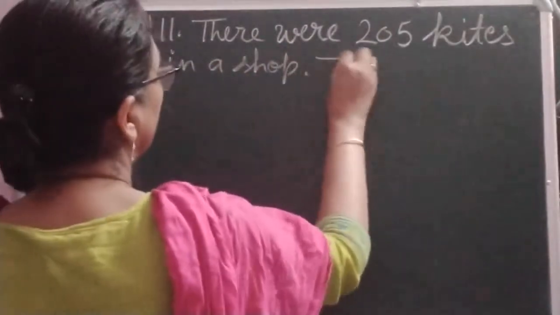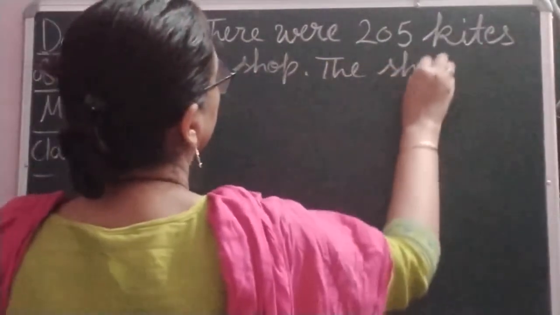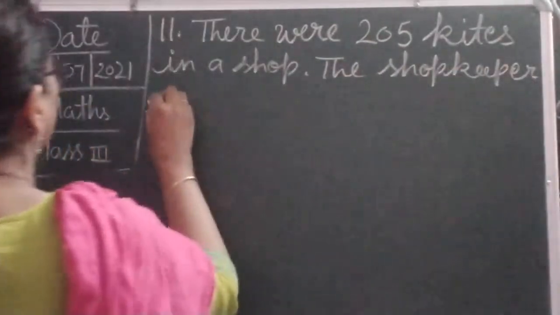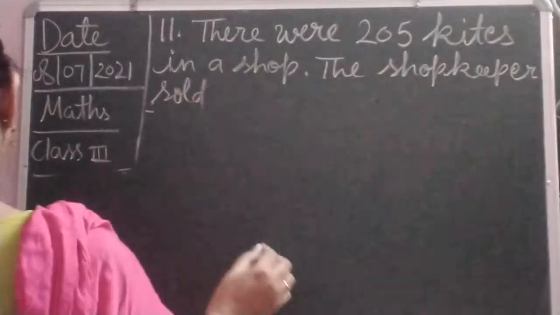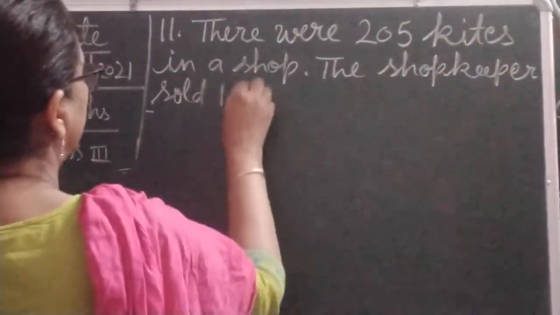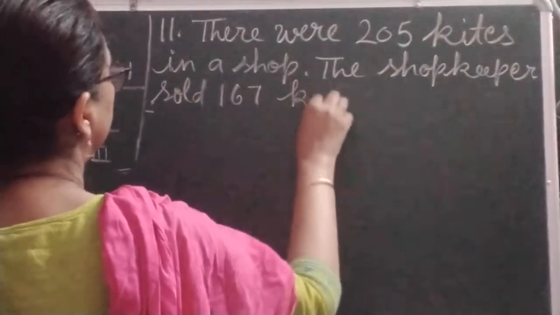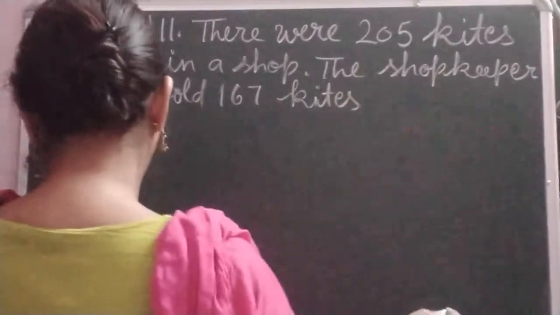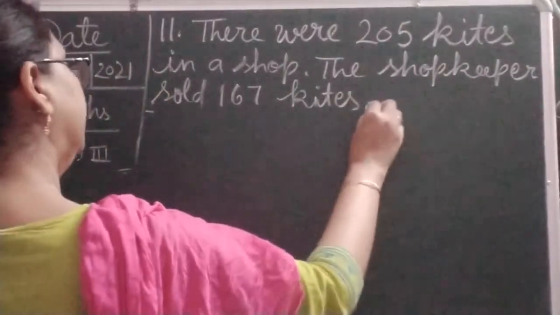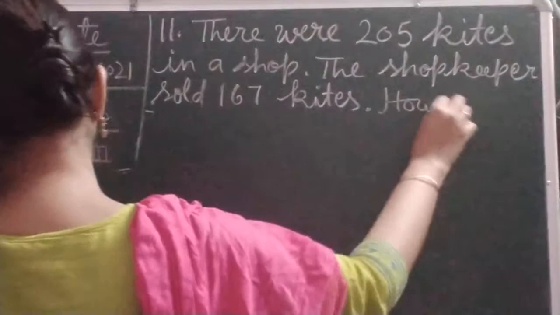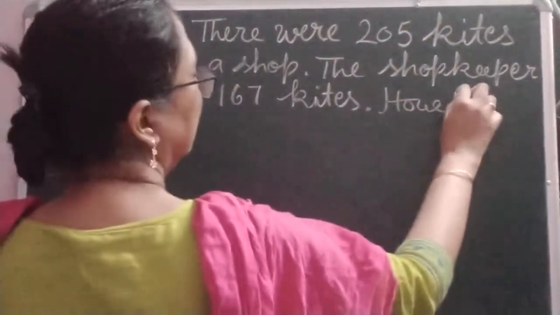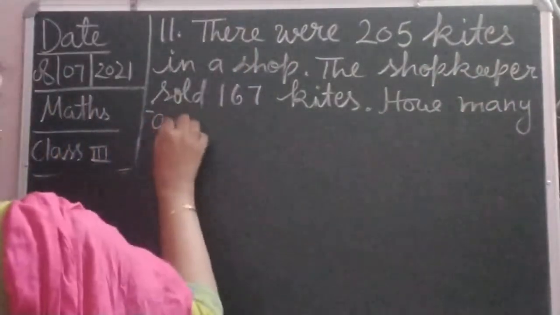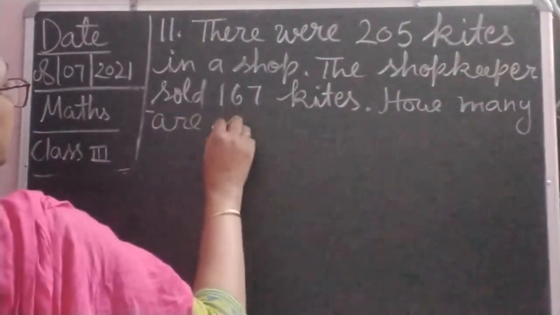The shopkeeper sold 167 kites. How many are still to be sold?